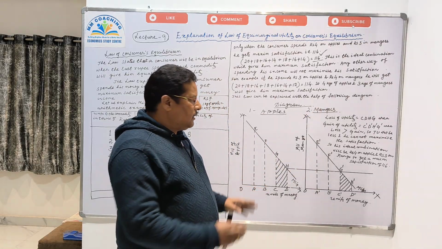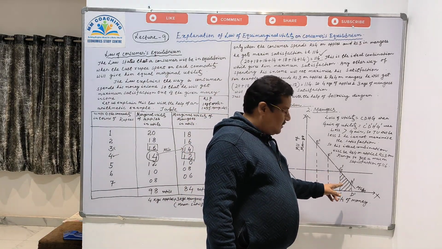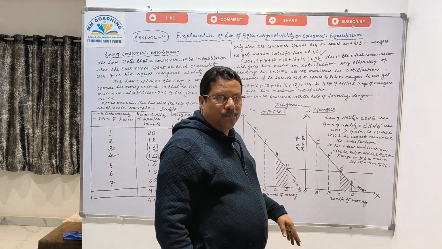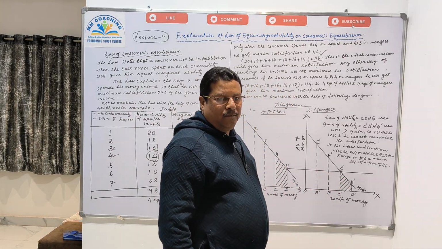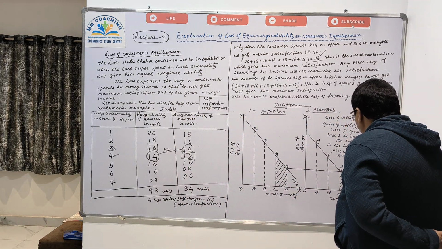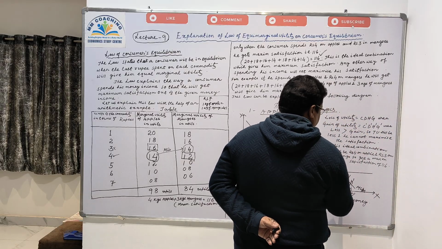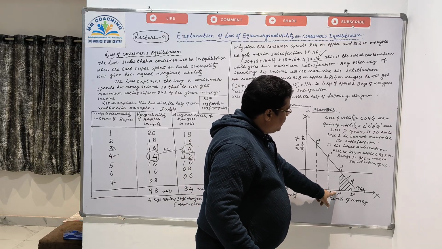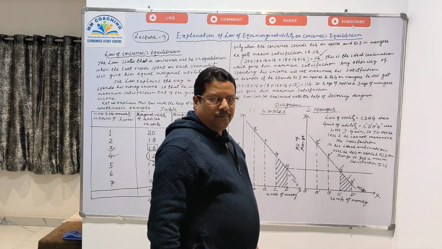Therefore, here he will purchase or buy 4 kgs of mango. So here his gain of utility, it is shown on the diagram that his gain of utility will be C1, D1, H1, G1.